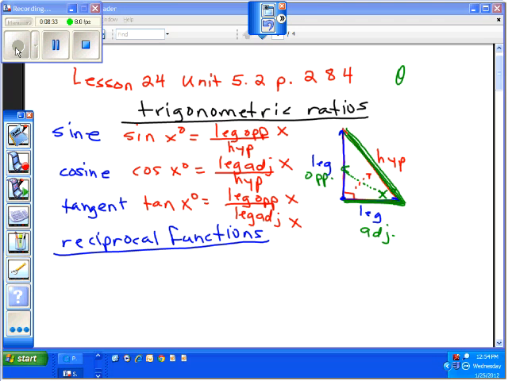Okay, so reciprocal functions, and so what we can say is the reciprocal of sine. Now, how would we talk about the reciprocal of sine? What would you write? 1 over sine, right? The reciprocal of sine is 1 over sine theta. So what is it that is the same as the reciprocal of sine?